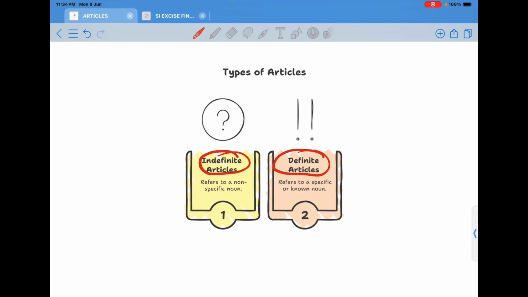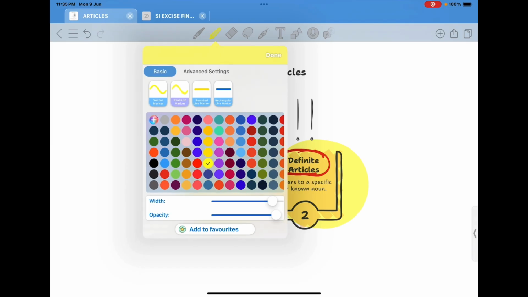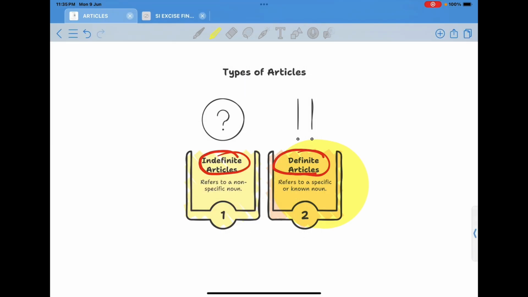They are not talking about a particular specific thing. But definite article by name says that it is talking about a specific thing, right? Specific thing.